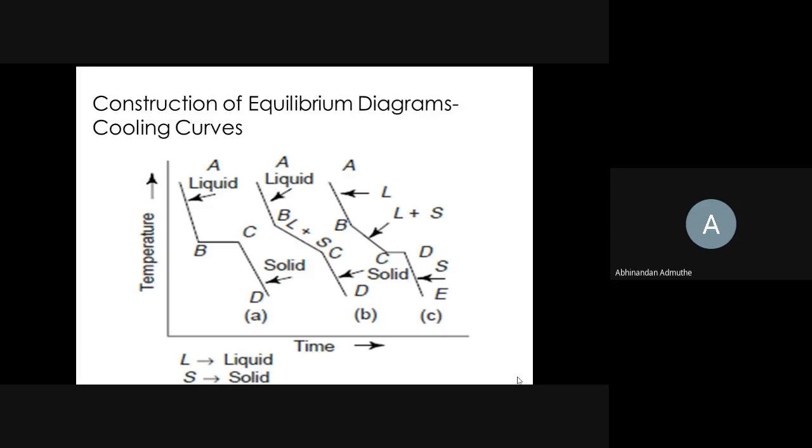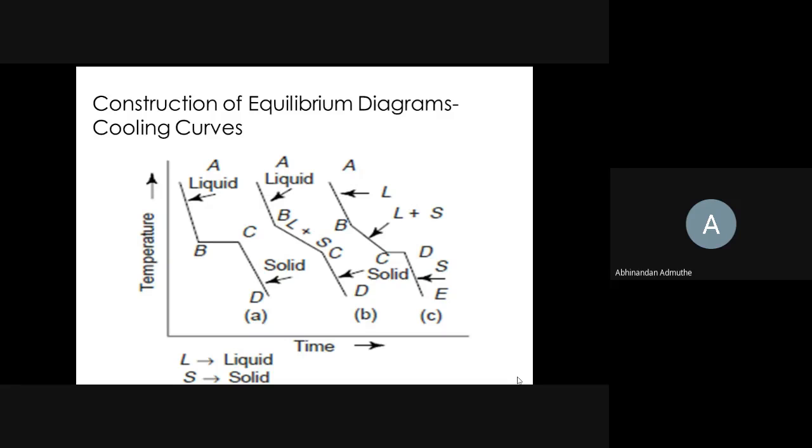In this thermal analysis technique, we melt the alloy above its melting point, obviously, so that the alloy or the system for which we want to construct the cooling curve becomes completely liquid. Then we insert the thermocouple, and the other end of the thermocouple goes to the temperature indicator, so that we can continuously see the temperature of the molten metal.